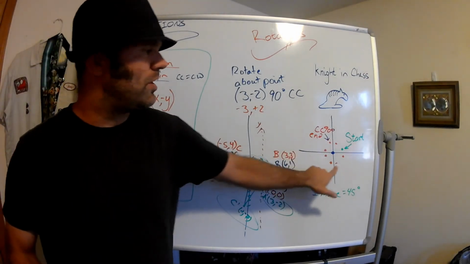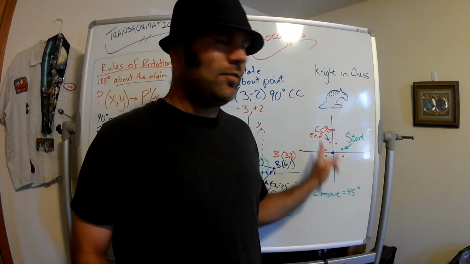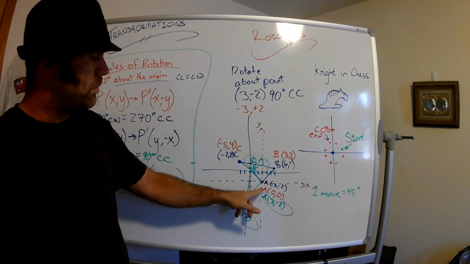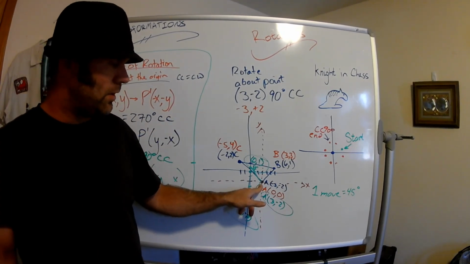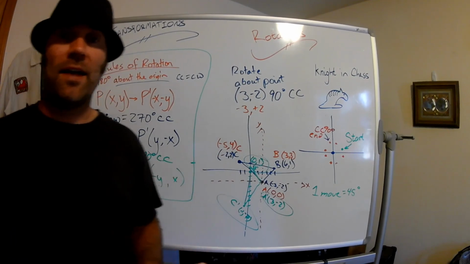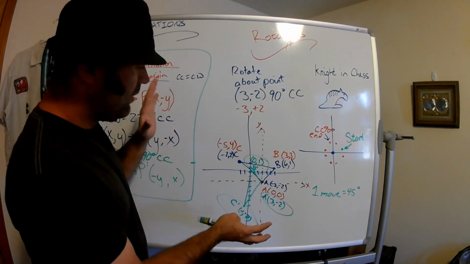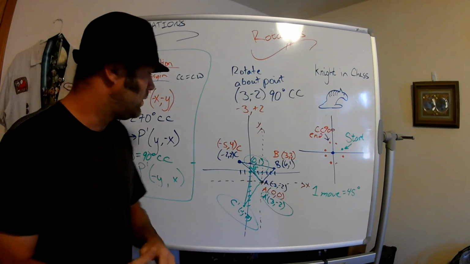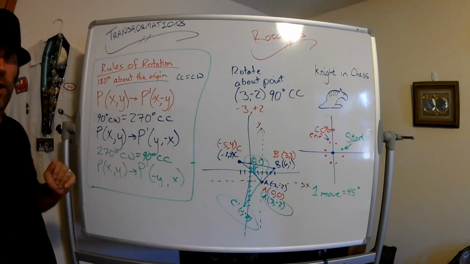We didn't even use these dots. And really using these dots would be really challenging here, because you'd have to build those dots based off of this being your (0, 0), and it's already kind of a mess. As you can see, it's fairly messy. And because of that, you want to use the rules whenever possible.